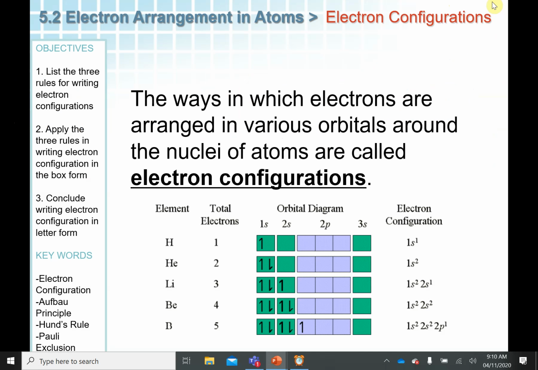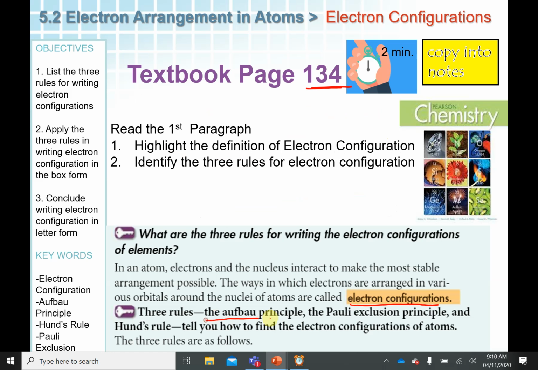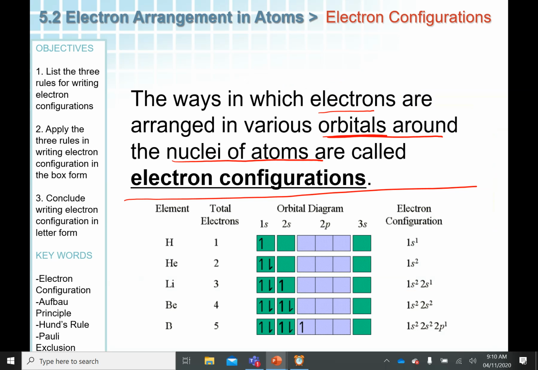Okay, so what we concluded from reading is the electron configuration definition, the way in which electrons are arranged in various orbitals around the nuclei of an atom. We also found the 3 rules for writing electron configurations, the AUFABU principle, the Pauli exclusion principle, and Hund's rule.